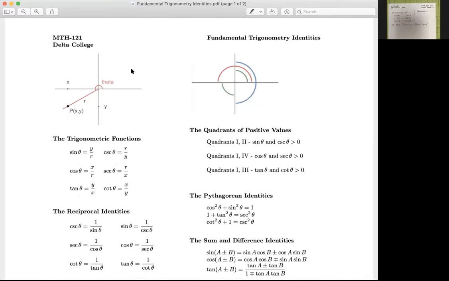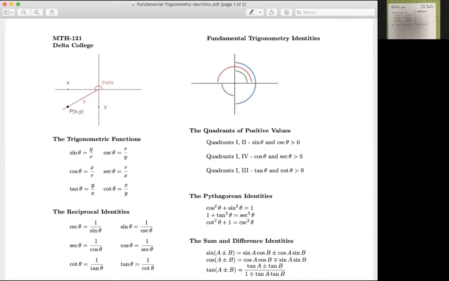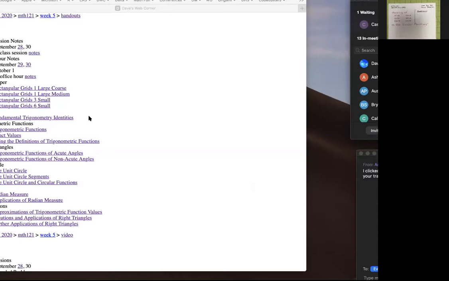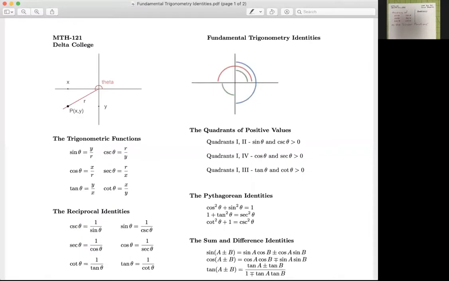Give me a second here because I thought I was sharing that document and then it disappeared. Excuse me, I was not on the right screen for that document.